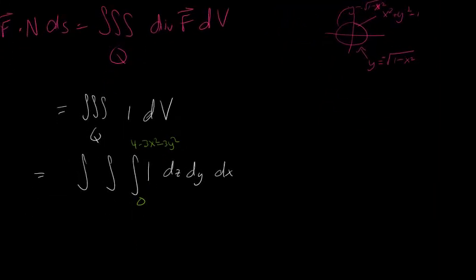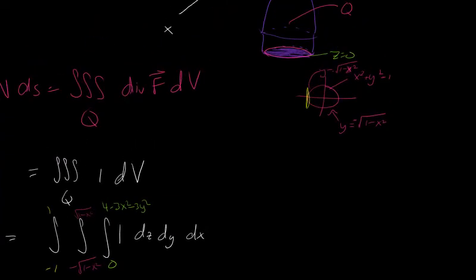Okay, so we can put that in. So that's going to be negative square root of 1 minus x squared to the positive square root of 1 minus x squared. And then x is just going from negative 1 to 1. So grab a third color, negative 1 to 1. So here you can see that x is going from negative 1 to 1.